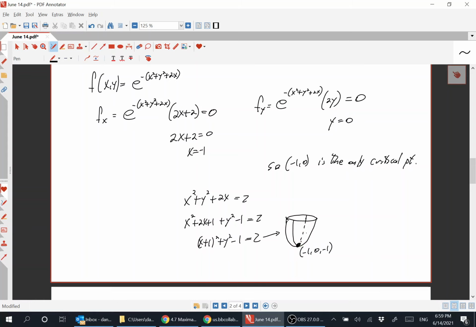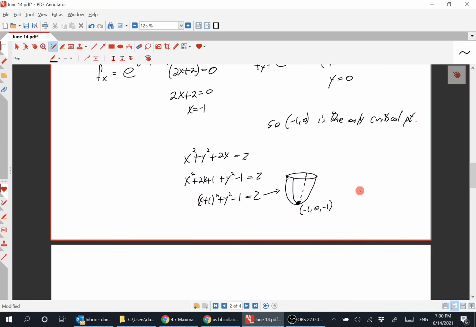But let's check it out and see. All right, so -1, 0 will be a relative maximum for e to the minus (x squared plus y squared plus 2x).